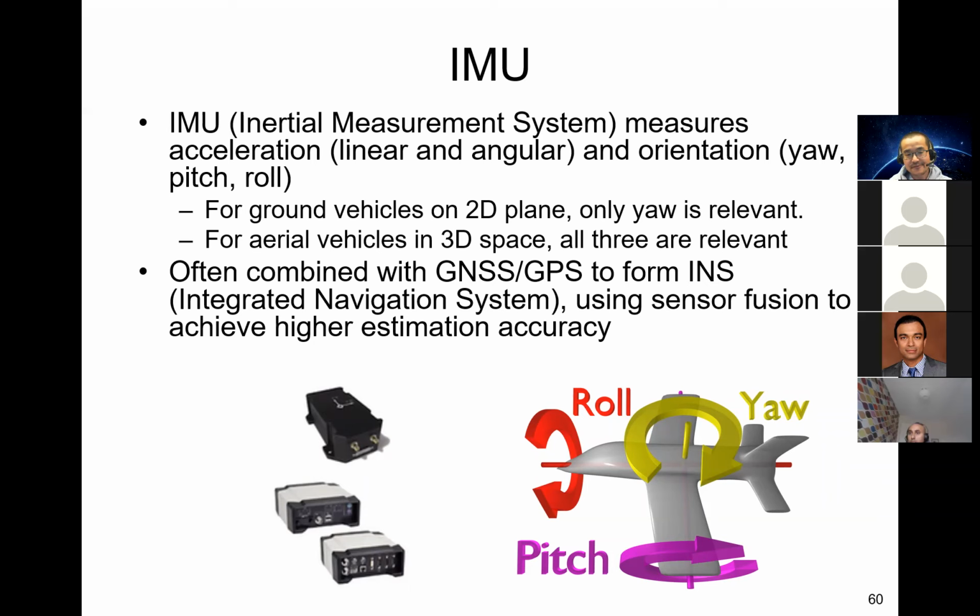So for example, if you go into a long tunnel with a temporarily disrupted GPS signal, you may use your IMU to estimate your position based on the speed times time, the basic Newton's law. And once you get the GPS, you may perform a Kalman filter-based sensor fusion to get a more accurate estimate.